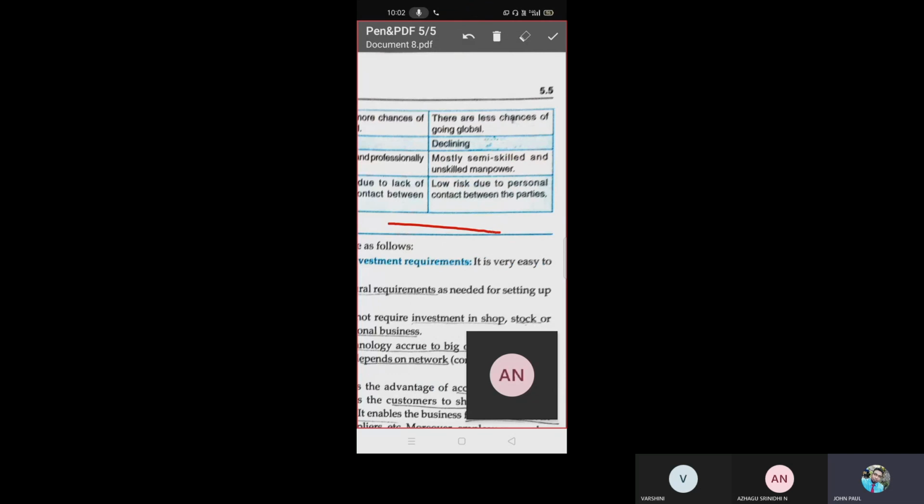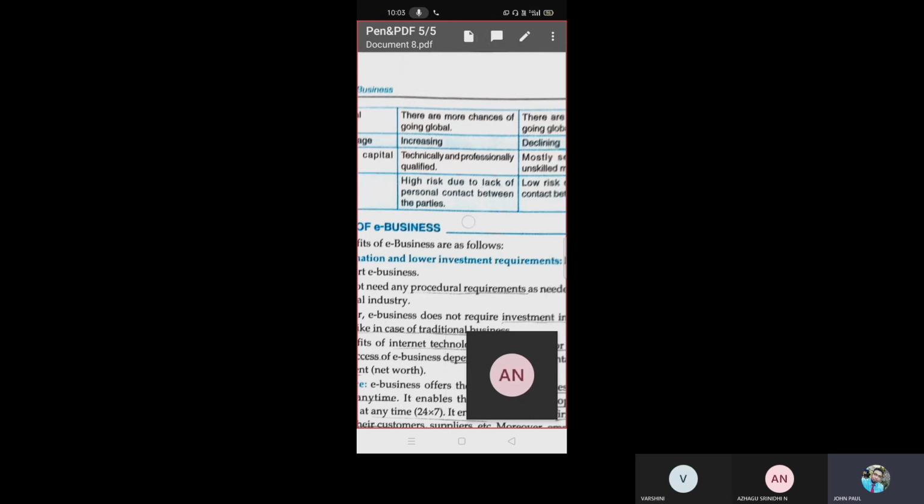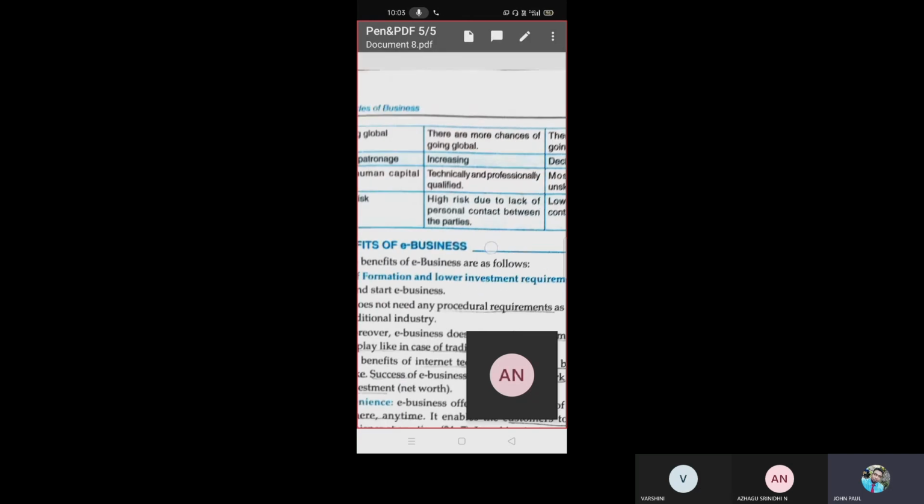Whereas in online business, we need technically and professionally qualified persons who have computer knowledge and experience in this field. In traditional business, semi-skilled qualification is required, or even unskilled manpower, like security, then people cleaning the showrooms. அவங்களுக்கெல்லாம் unskilled இருந்தாலே போதும்.